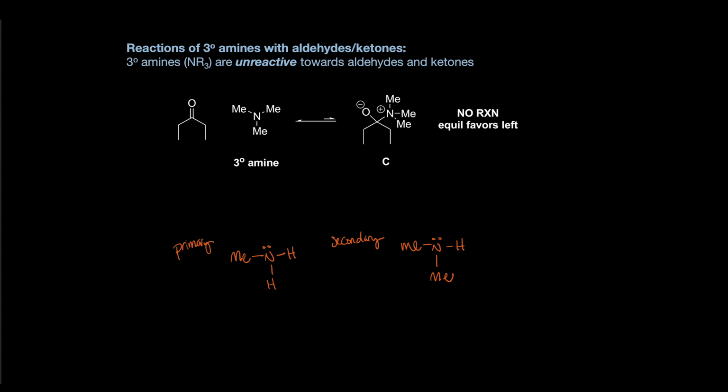If we take a look at the structure of primary and secondary amines, we can see these products contain hydrogens. This is something tertiary amines do not have, so the equilibrium for this reaction will favor reagents.